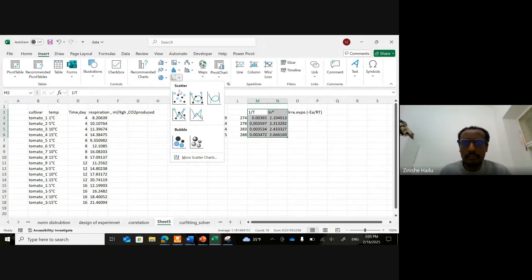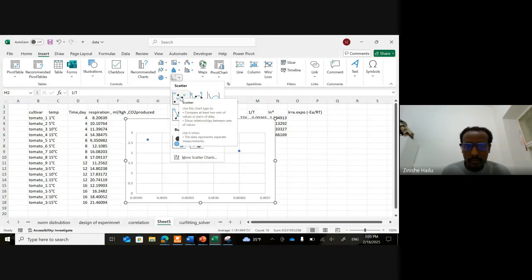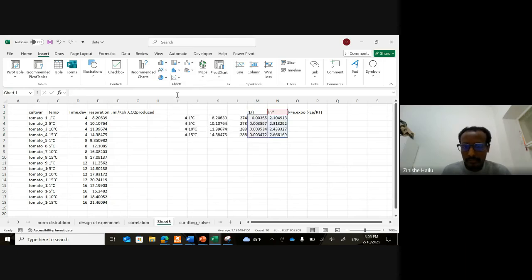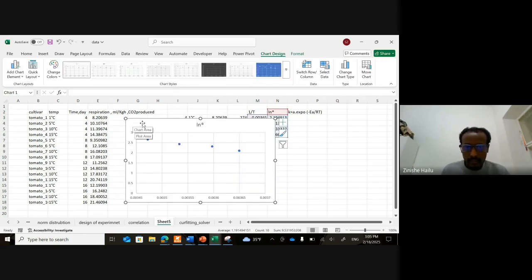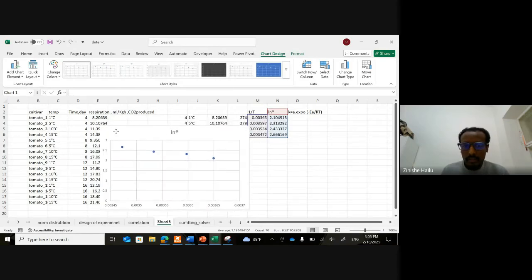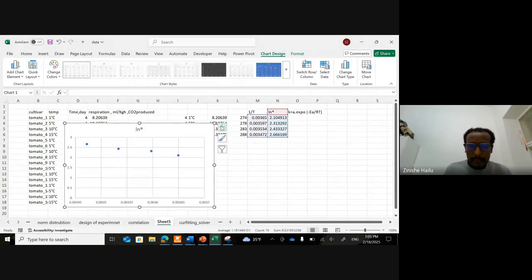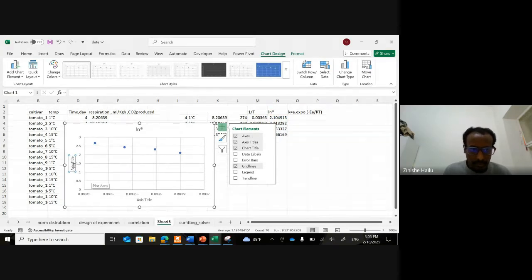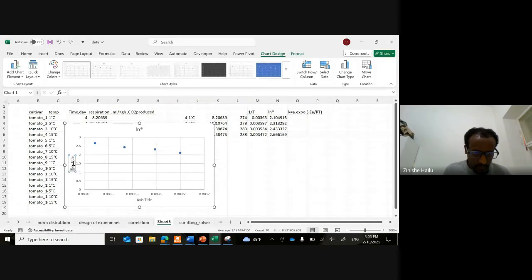Because these are continuous variables, it's better to use this linear or continuous. So I put this one here. So I will add the axes. And then this is the ln R, and this is 1 over T in Kelvin.